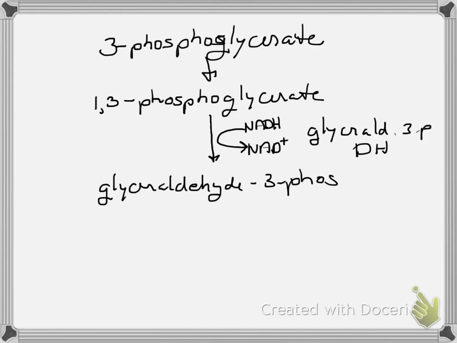So we're oxidizing NADH in order to generate glyceraldehyde 3-phosphate. This NADH is being supplied by the oxidation of malate as it comes out of the mitochondria, converted to oxaloacetate, which then goes into phosphoenolpyruvate.